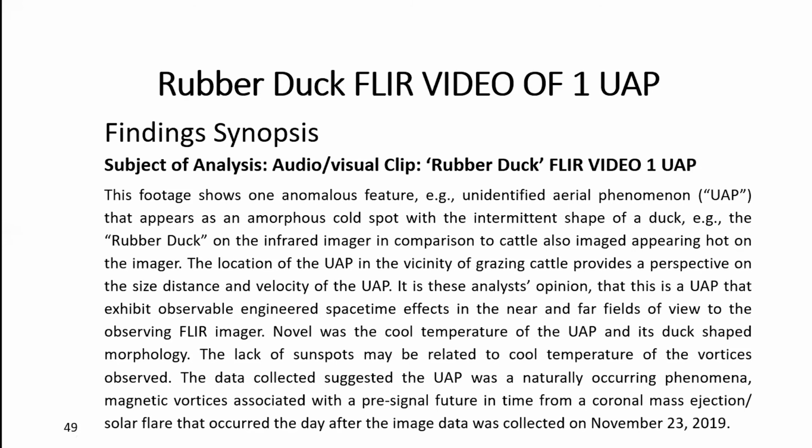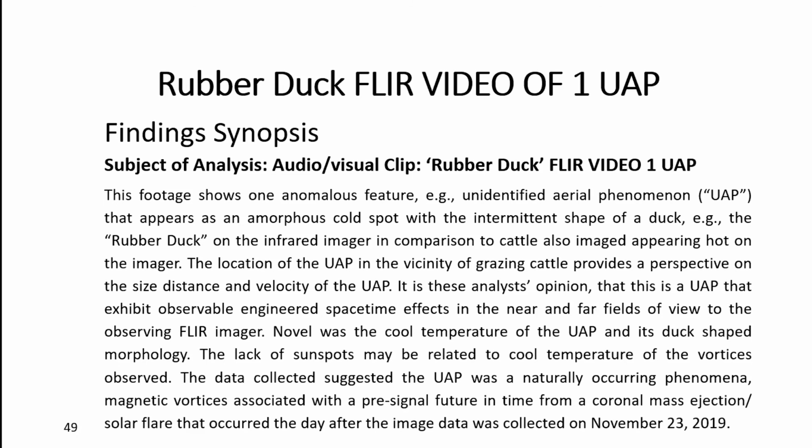The location of the UAP in the vicinity of grazing cattle provides a perspective on the size, distance, and velocity of the UAP. It's these analysts' opinion that this is a UAP that exhibits observable engineered space-time effects in the near and far fields of view to the observing FLIR imager.